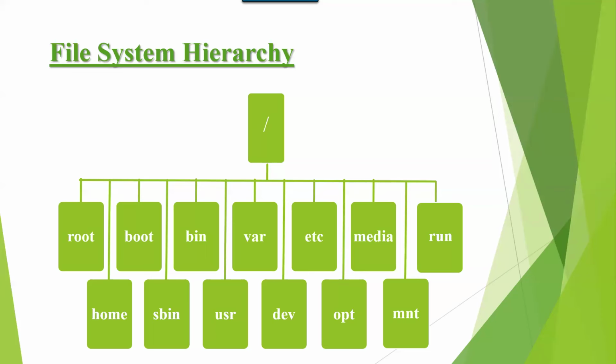Those commands are stored under bin. USR contains default applications which come along with the operating system. Those applications are stored under USR. Var contains variable files. System log files are stored under var.